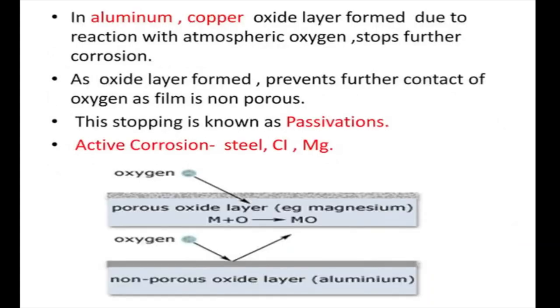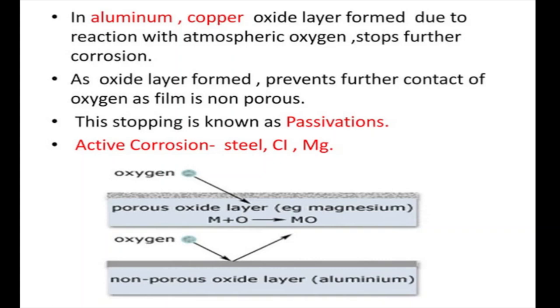In aluminium and copper, an oxide layer is formed due to reaction with atmospheric oxygen, and hence it stops further corrosion, because the aluminum oxide or cupric oxide, when formed, creates an impenetrable layer on top of the pure metallic material. So the humidity or the oxygen from outside will not get a chance to come in contact with the pure metallic material.